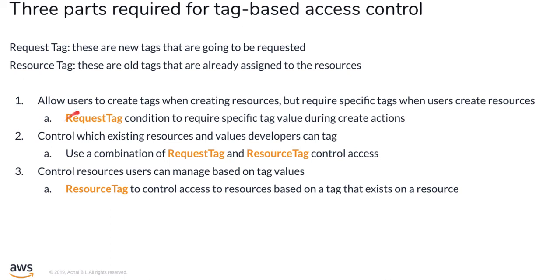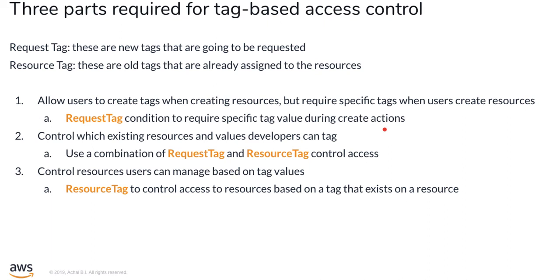So you allow users to create tags when creating resources, but require specific tags when users create resources, right? So you would have the request condition to require a specific tag value during the create action.